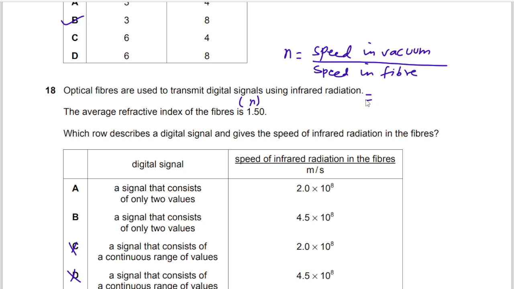So I can calculate speed in fiber as speed in vacuum, that is 3 into 10 to the power 8, upon n, which is 1.5. So if I simply solve it, it gives me 0.5, 1 over 0.5 is 2. So it gives me 2 into 10 to the power 8 meter per second. So that means the correct option is A.